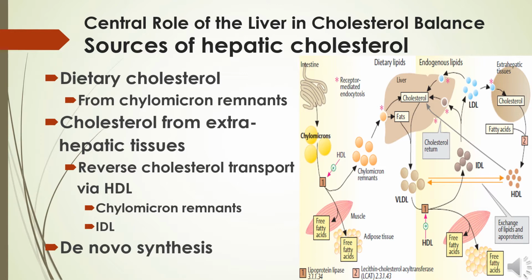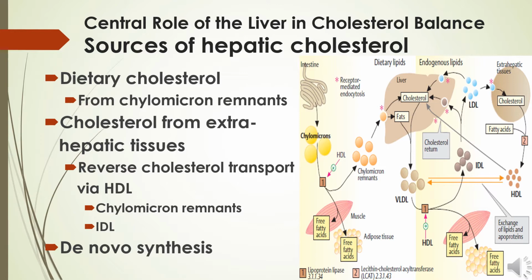The chylomicrons are processed in the circulation where they are converted into chylomicron remnants that are delivered to the liver, and this represents the first source of hepatic cholesterol. The second source is the reverse cholesterol transport via the high-density lipoproteins, which take up cholesterol from tissues to the liver.